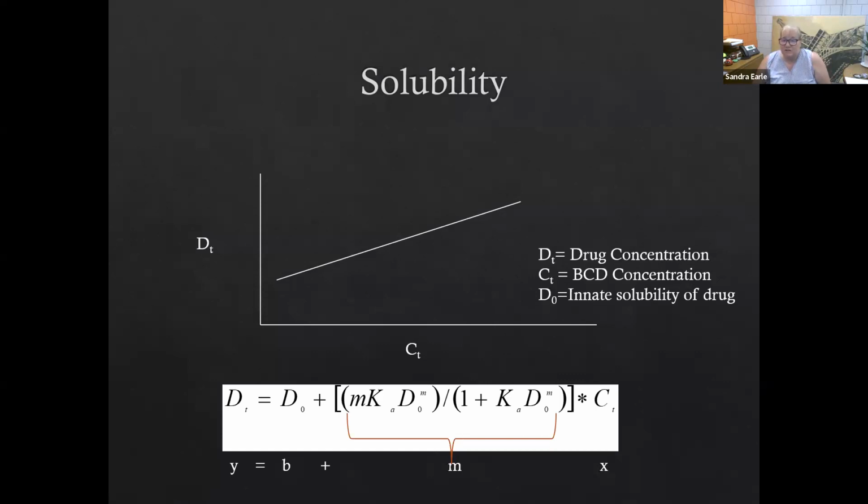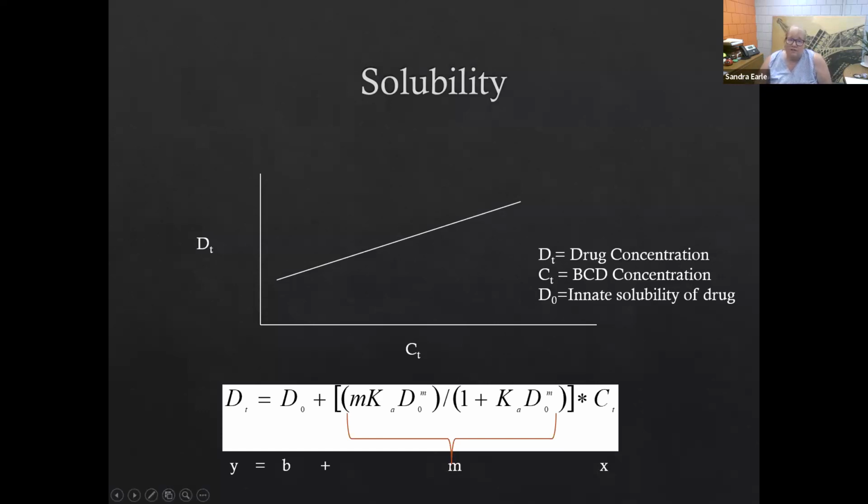So as that concentration of the invisibility cloaks increases, we can also increase the concentration of drug. So it will form a linear relationship with the slope showing the relationship between how much we have to give to get a certain concentration.